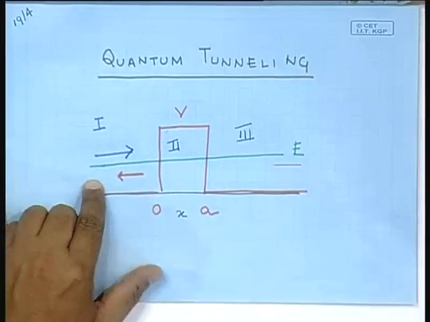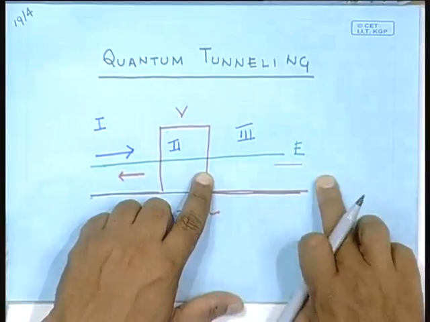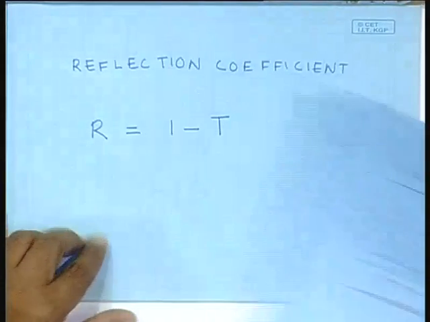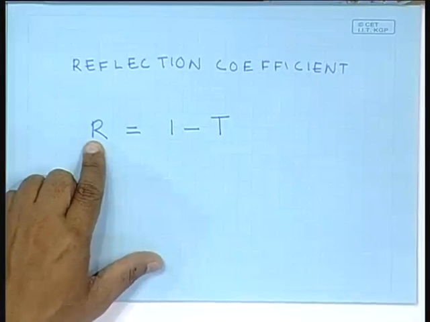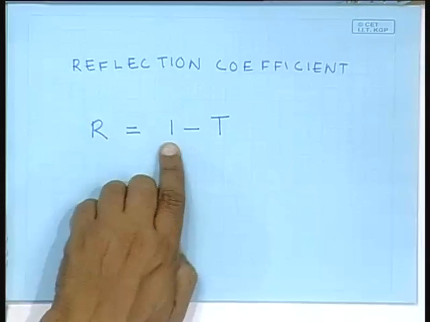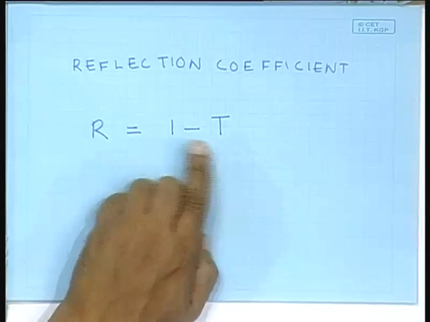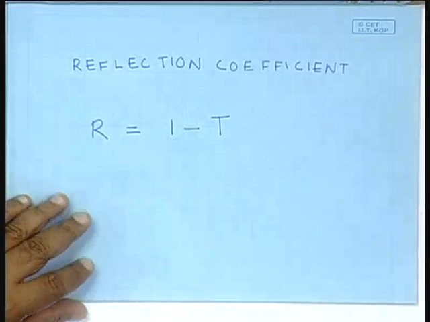The particle has to either tunnel and get onto the other side, or it has to be reflected. So, the reflection coefficient, which tells us the probability of the particle getting reflected, is 1 minus the transmission coefficient, or 1 minus the tunneling probability.